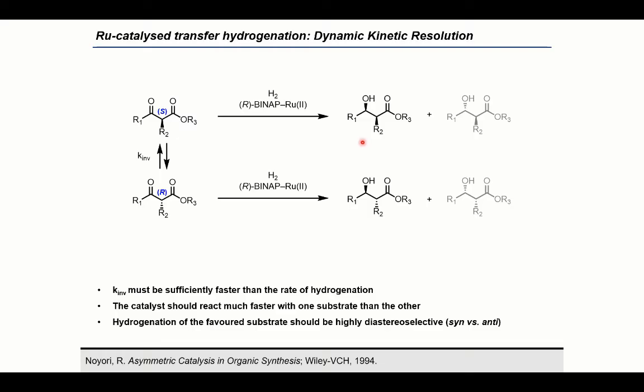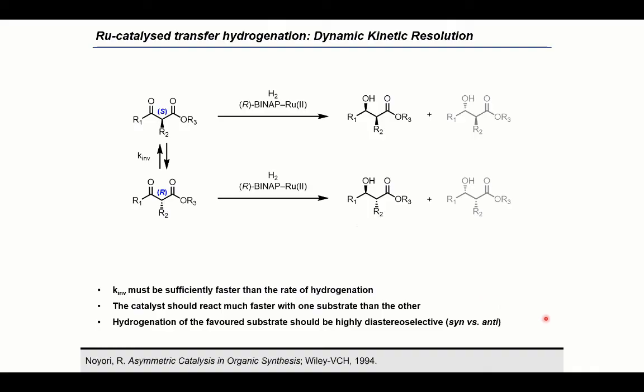For this process to be efficient, there are a few key requirements. Firstly, stereochemical inversion of the substrate should be faster than hydrogenation, to avoid the unreactive isomer becoming the main species in solution, which would detract from the overall stereoselectivity. Secondly, the catalyst must react faster with one substrate than the other. This is the same as with the regular kinetic resolution.